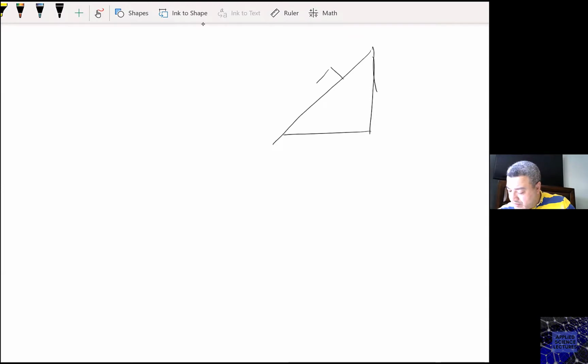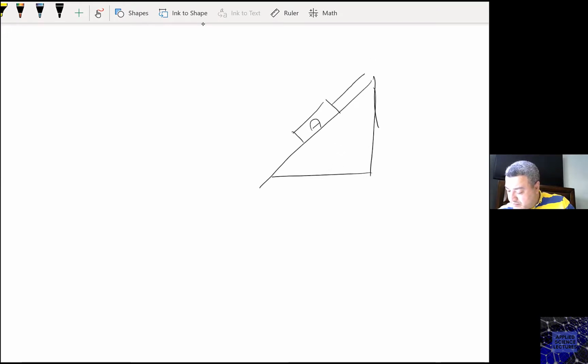I have a box here, A. I have a pulley here, another suspended box, B, and the incline is at 68 degrees.